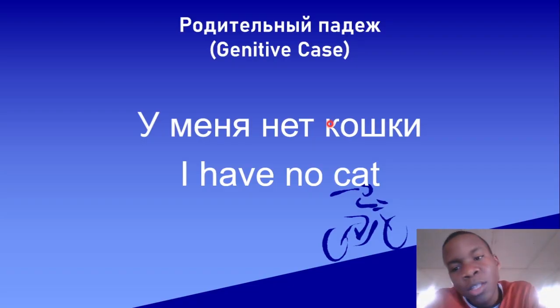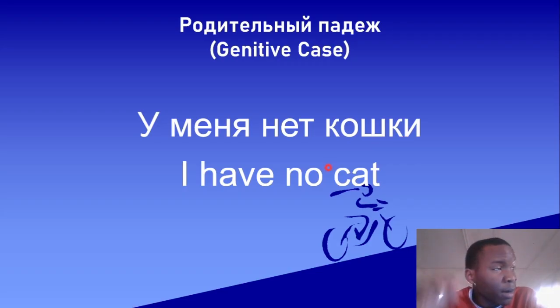The first thing we spot is that our object, our subject in this case, is the cat, but if we remember from the previous one, the nominative case, this is not spelled the same way. This reads koshki. So: u menya net koshki. I have no cat.